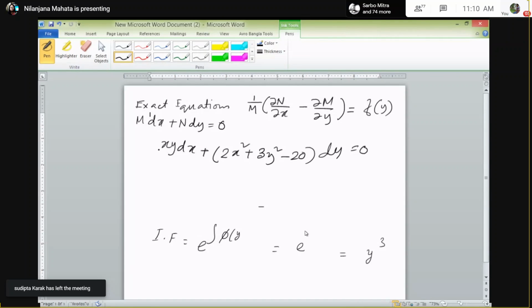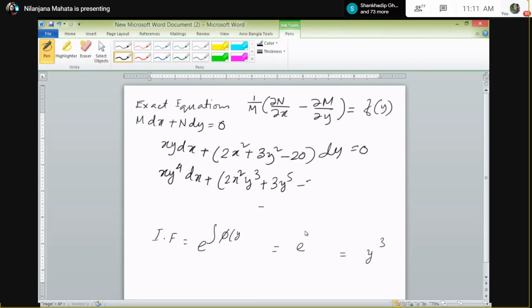That is, multiplying this by y cube, I will have x y to the power 4 dx plus (2x square y cube plus 3y to the power 5 minus 20 y cube) dy is equal to 0. And now you can see I can write this as half of d of x square y to the power 4. That is, 4 and 2 will be cancelled, and you can easily integrate.